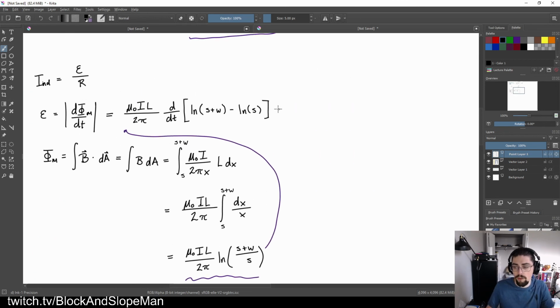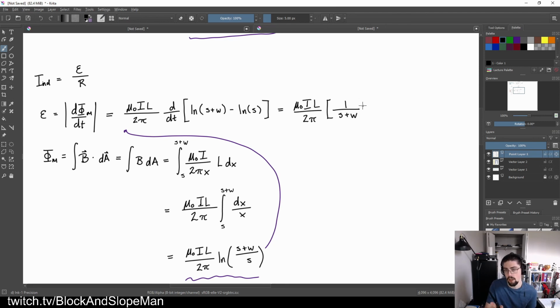Take the time derivative of each of these terms. And here's where it's going to get a little bit funky, and we need to be careful with our calculus here. When I take that time derivative, I need to do chain rule. Clearly, s depends on t. I'm going to end up first with the derivative of the term itself. Then I multiply by the derivative of what I found inside.